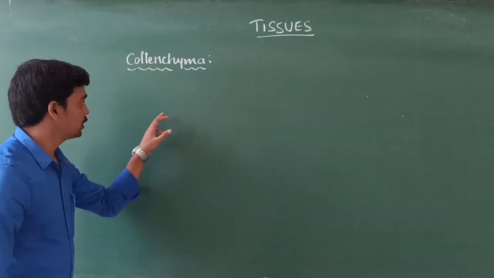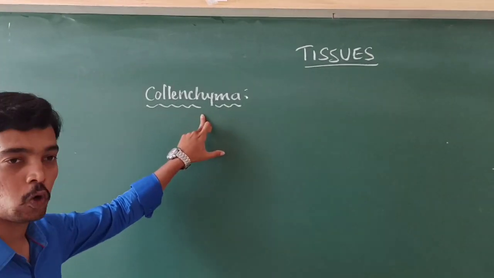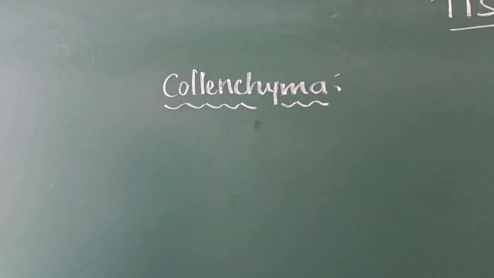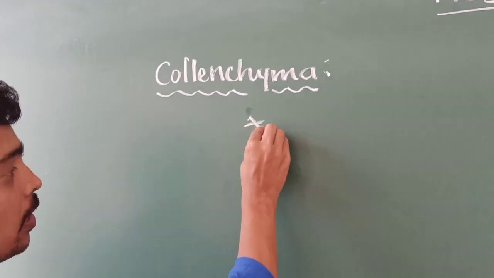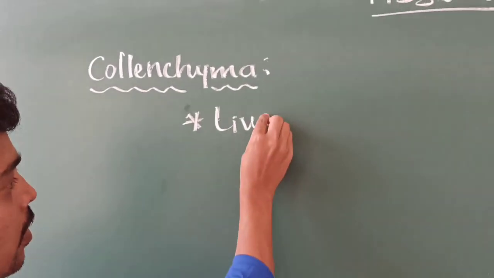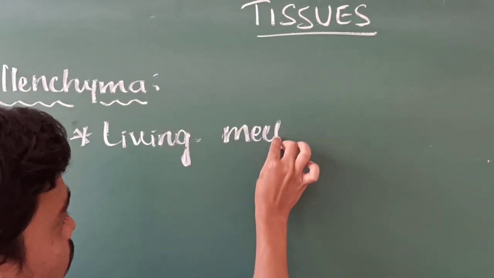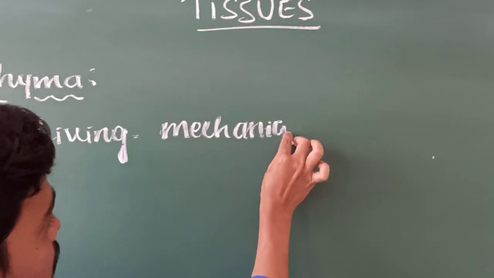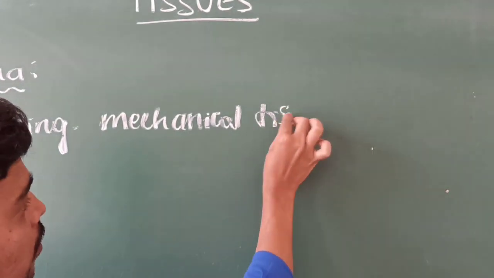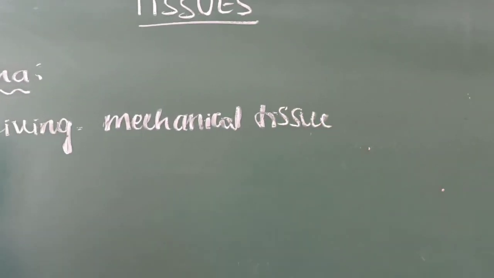And the next tissue in simple permanent tissue is collenchyma. Here collenchyma is also living in nature, and it is a mechanical tissue. Why is it mechanical tissue?